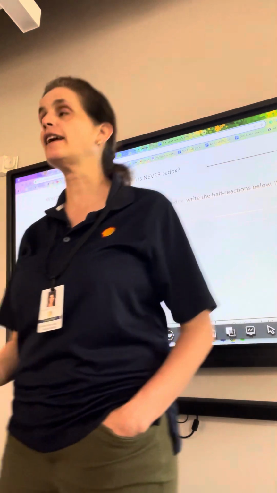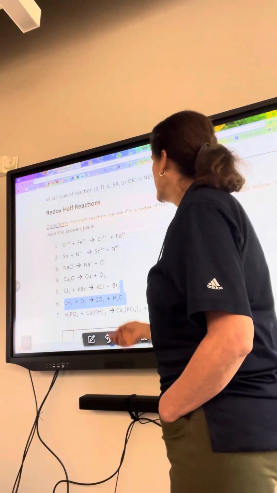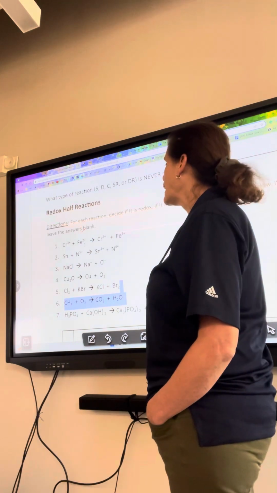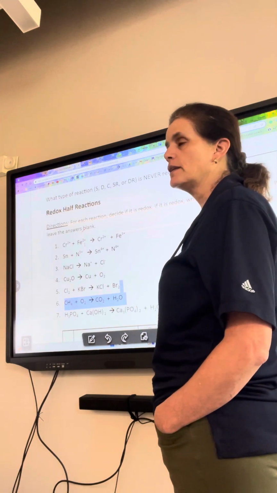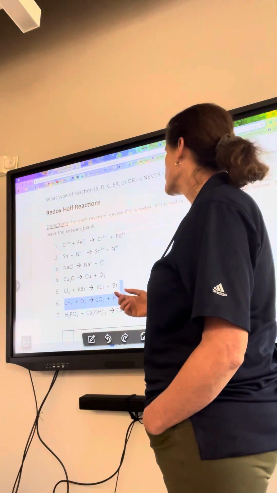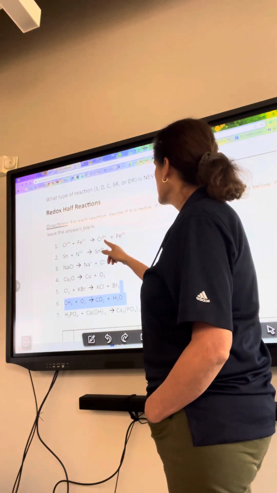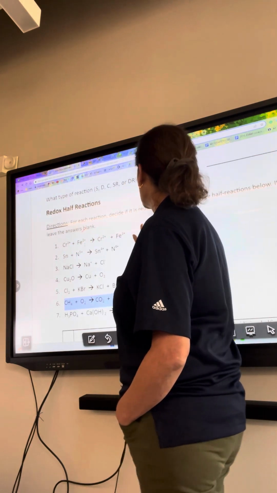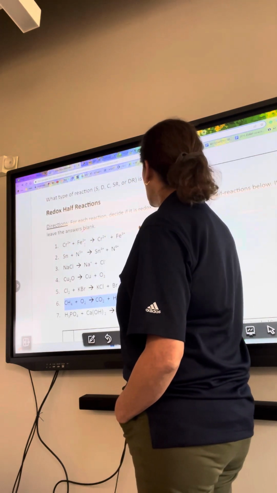That's what you need to balance. I do want you to know how to balance. Is this balanced in atoms? Is it balanced in charges? Did we balance it before? Let's balance it. Iron goes from 2 to 3, so that's my oxidation.